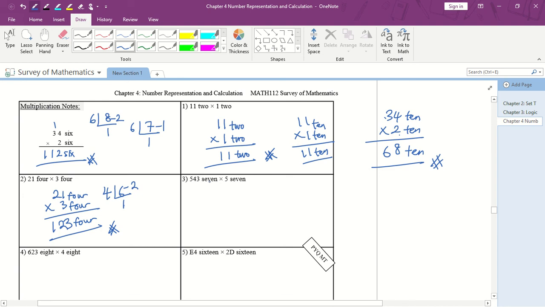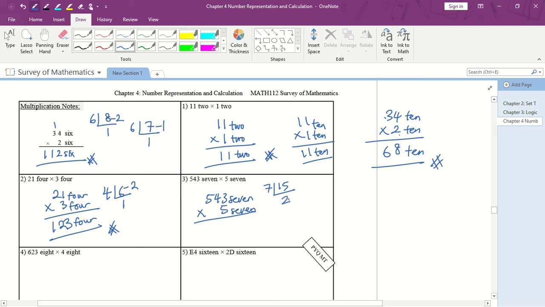543 base 7 times 5 base 7. Okay, this seems like a little bit difficult, but let's try. 3 times 5 is equal to 15. And we know 15 is not in base 7, so we need to change it to base 7.